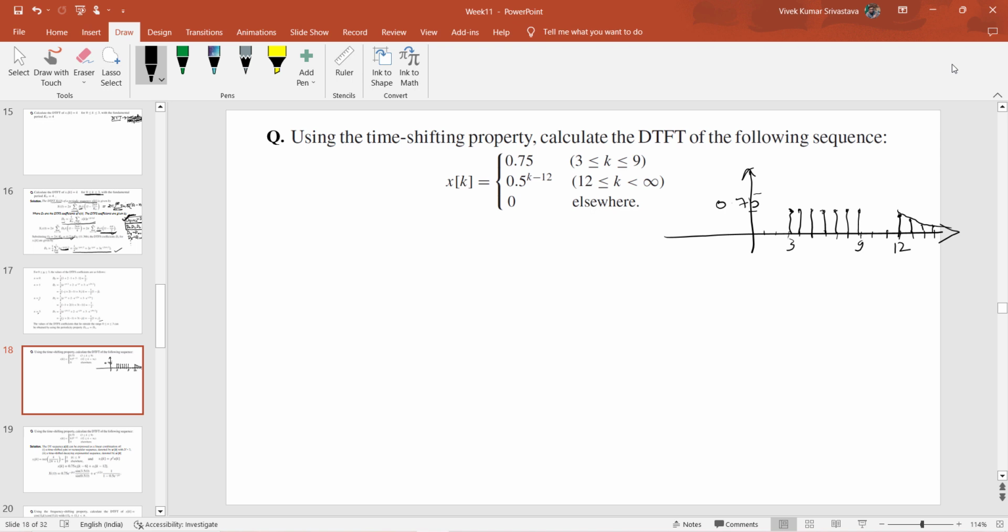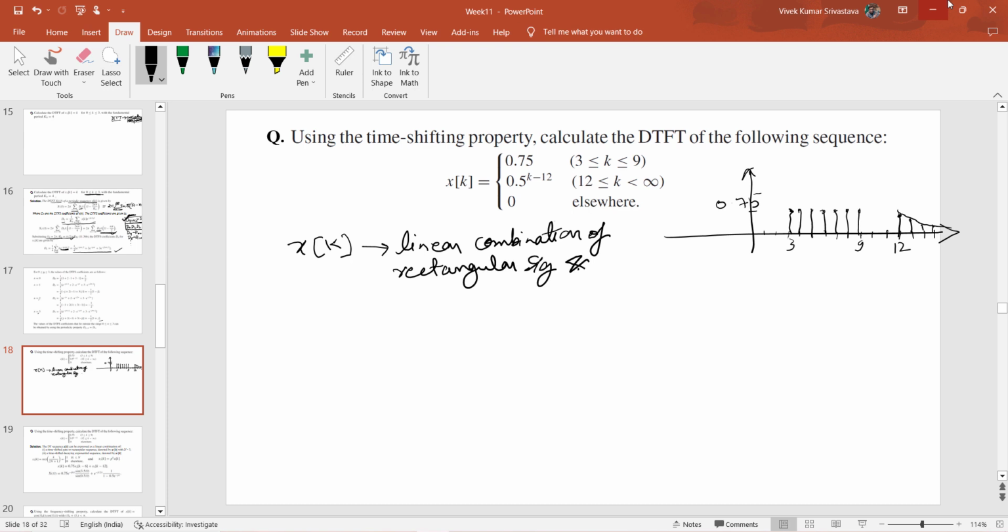So here we can say that x of k is basically a linear combination of a rectangular signal and a decaying exponential.